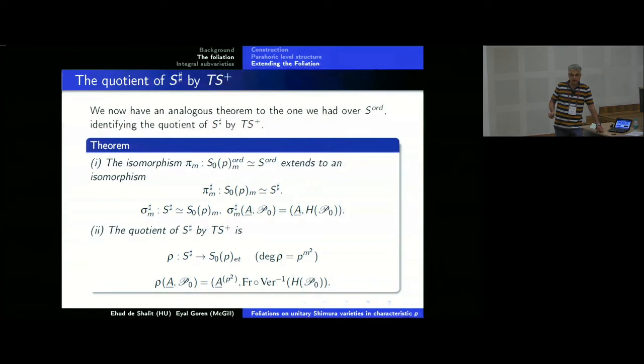So you can find this S upper sharp as sitting as one of the components of your parahoric level Shimura variety, the special fiber of your parahoric level Shimura variety. So that's very pleasing. And if you look at the étale component, then the quotient of S upper sharp by this foliation is now the Zariski closure of what we had over the ordinary situation.